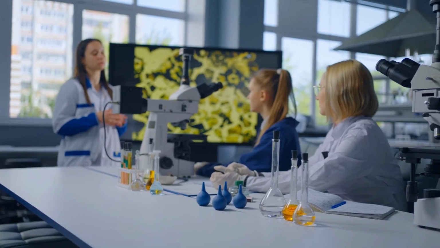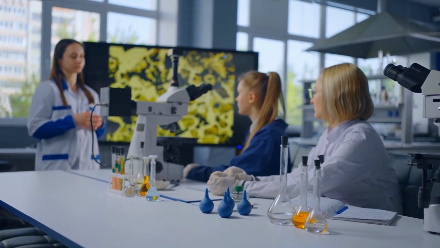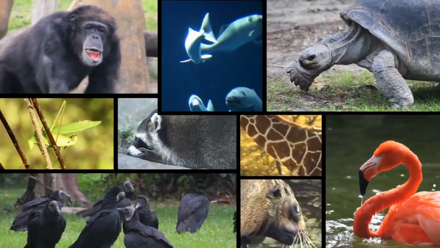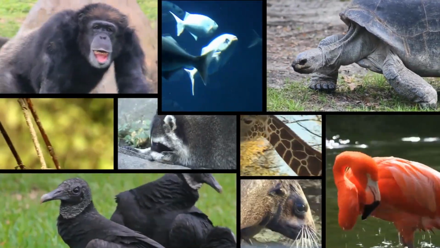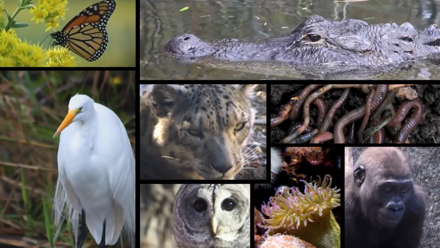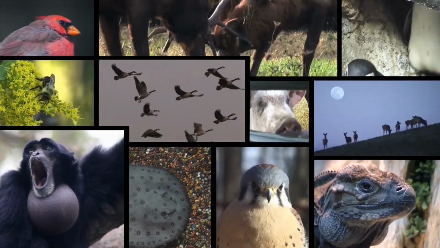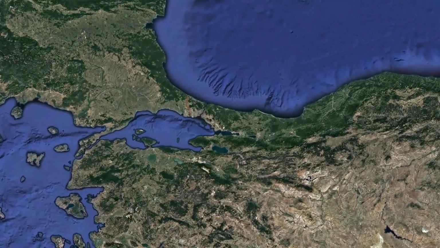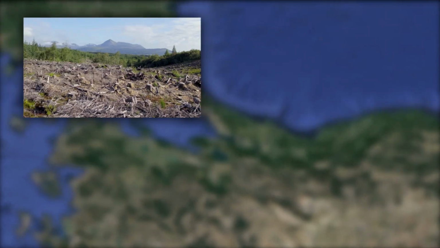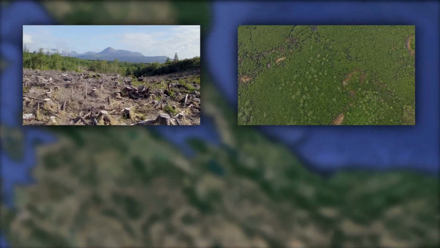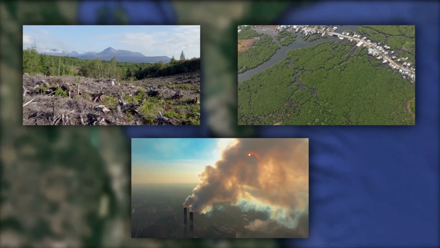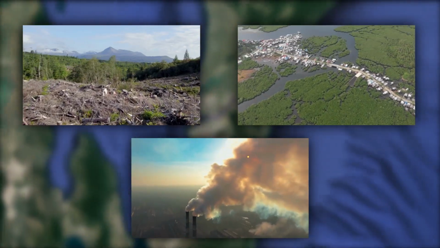The Wallace Line isn't just a scientific curiosity, it's also important for conservation efforts. By understanding the distribution of species and their evolutionary histories, conservationists can better protect these unique ecosystems. Both sides of the Wallace Line face threats from deforestation, habitat loss, and climate change. Preserving these ecosystems is essential to maintaining the biodiversity that has evolved over millions of years.